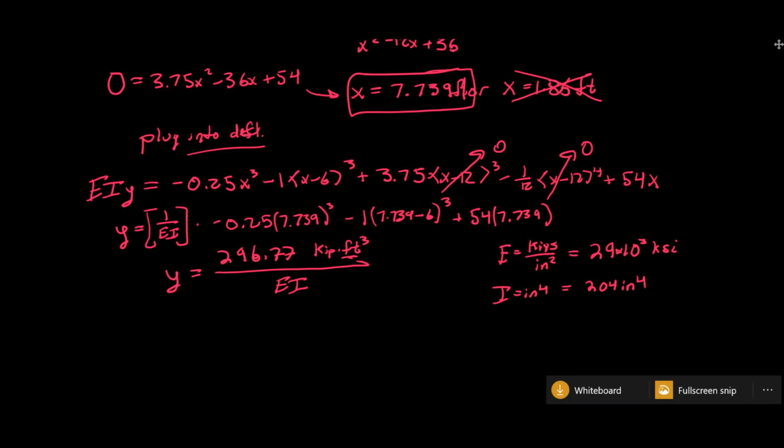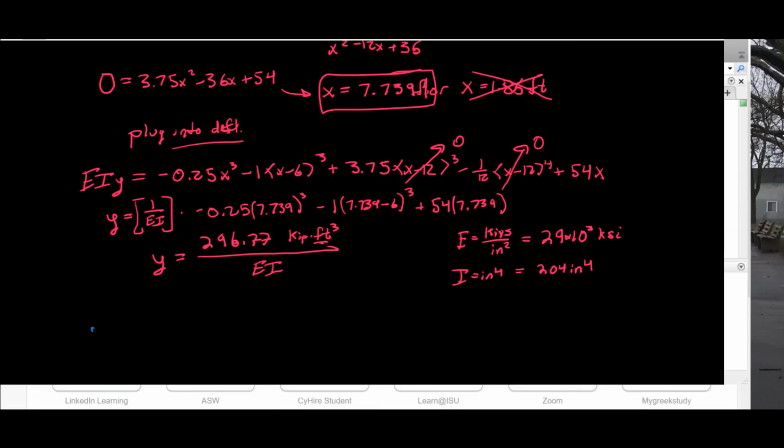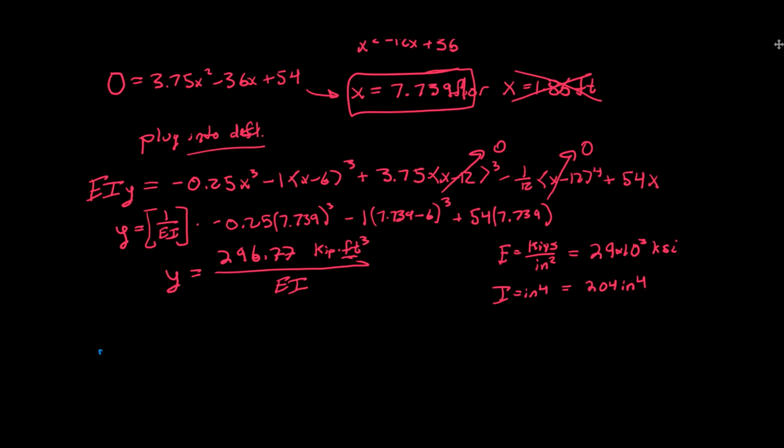And when I calculate the actual deflection, I'm now going to do y is equal to 296.77, and that's kip foot to the third.